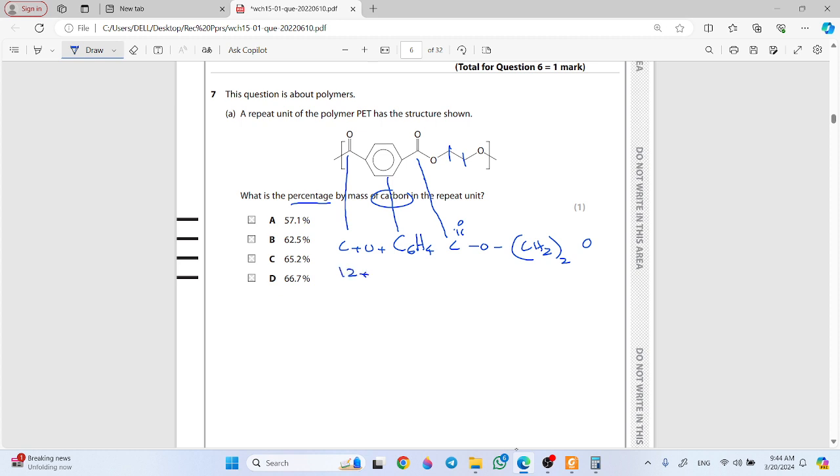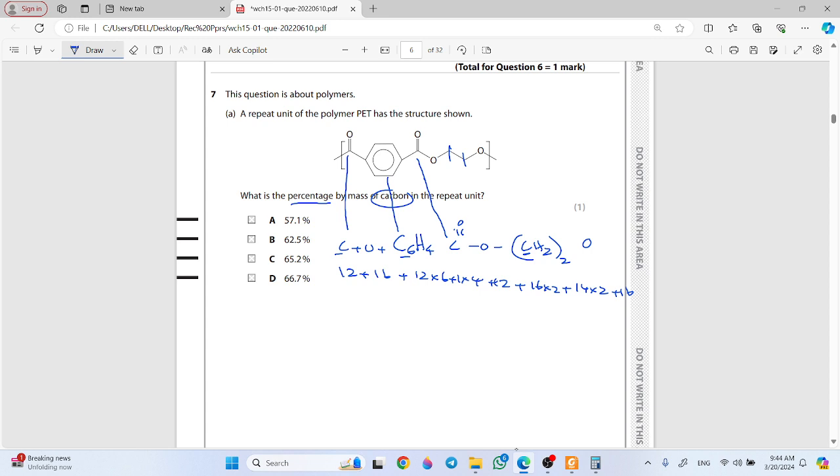So this would be 12 plus 16, plus here 12 into 6 plus 1 into 4, plus here again 12 plus 2 oxygen, 16 into 2, plus here 12 and 2, 14, 14 into 2, plus 16, right? Okay, then take how many carbons are there?